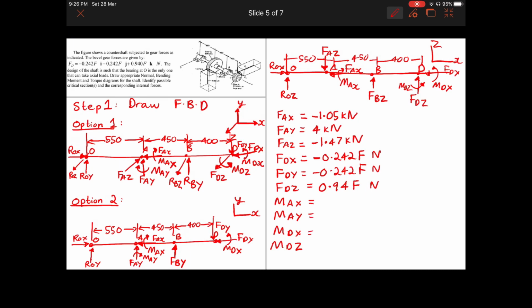So MAX would be about the x-axis. So it should be force in y times the perpendicular distance, which is the radius of the gear. So 4 times 250, which is equal to 1000. But again, this moment is clockwise.